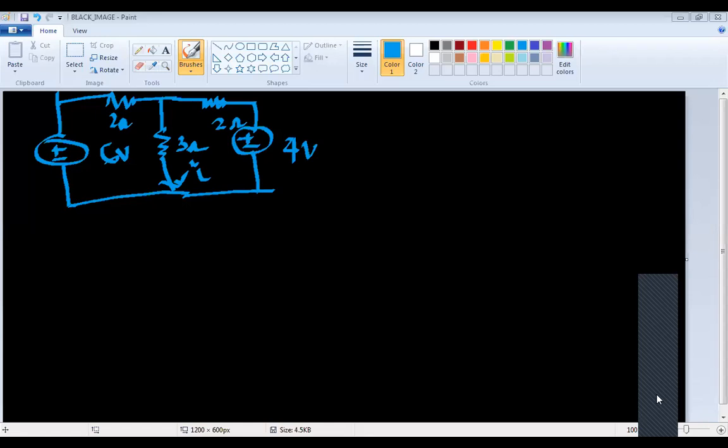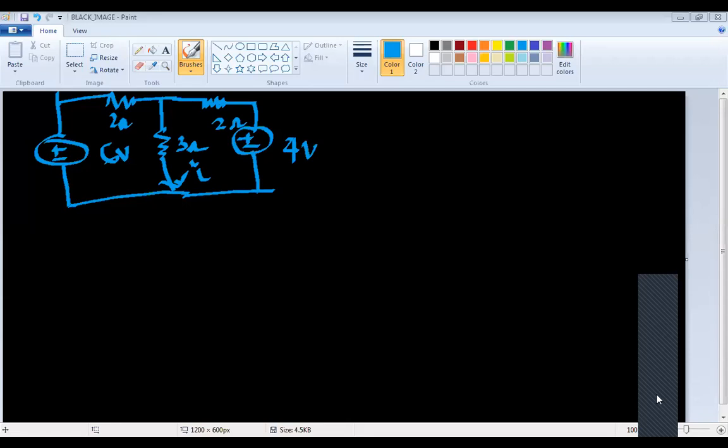We take one source at a time and the other source will be deactivated. For example, in this circuit we have two voltage sources, one is 6 volt, another is 4 volt. So we will take the 6 volt source first, and then we'll see the effect.